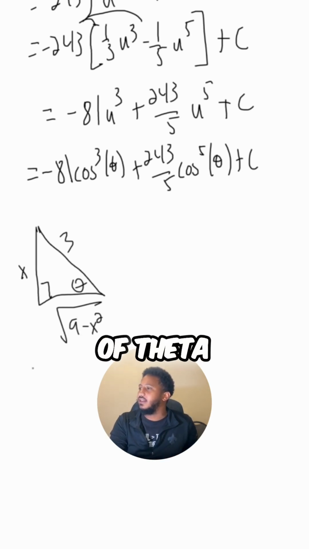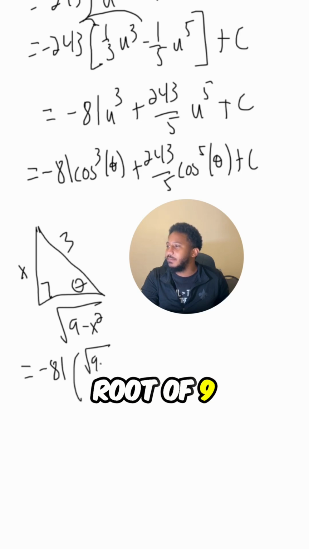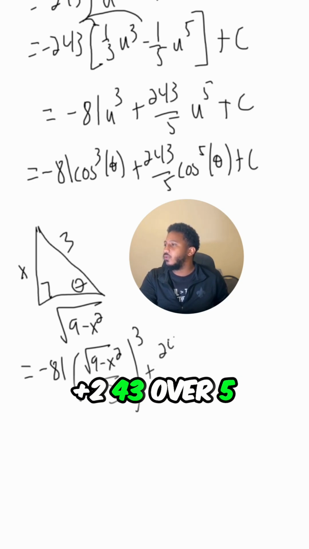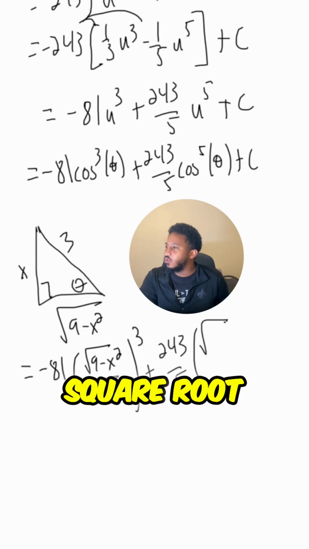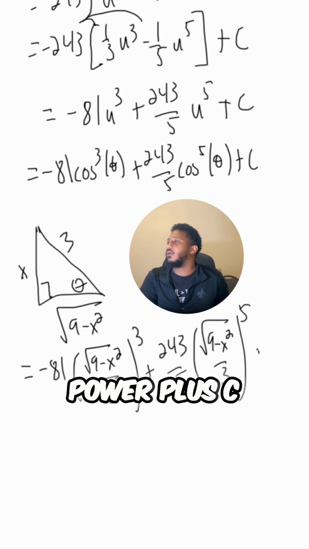So this becomes negative 81 times the square root of 9 minus x squared over 3, all cubed, plus 243 over 5 times that same cosine, the square root of 9 minus x squared over 3, to the fifth power, plus c.